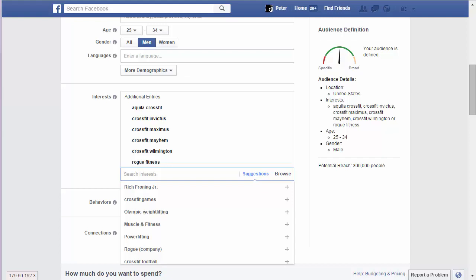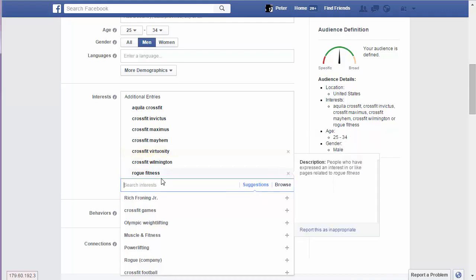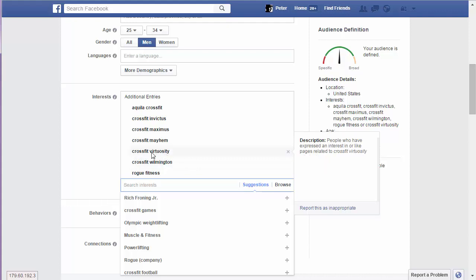I'm just trying to find another. Let's try that one, Get Tape. No. Okay, not being very lucky with that one. Okay, so that one was CrossFit Virtuosity.